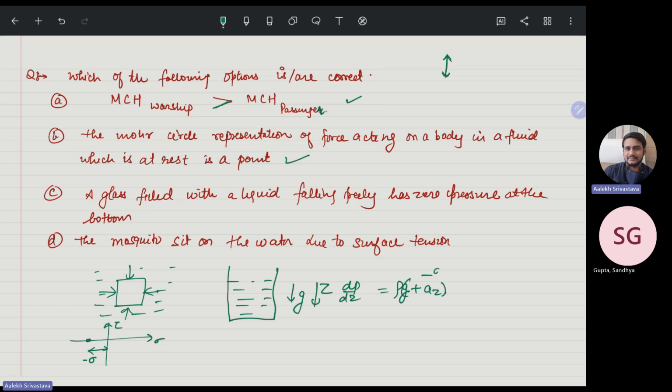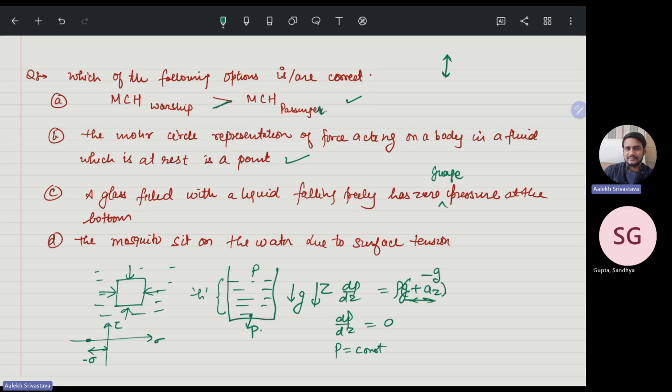So this term is minus g, and this term becomes zero. Therefore, dp by dz is equal to zero, and hence this is zero gauge pressure. So P is constant all over the length. Although it is filled to a certain height, whatever P is here is the same P we feel here.